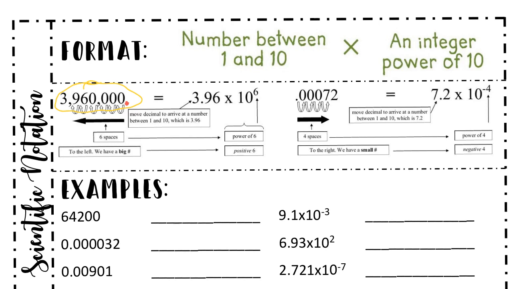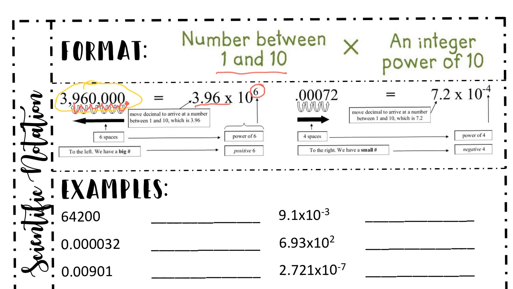In order to get a number between 1 and 10, we're going to move that decimal place 1, 2, 3, 4, 5, 6 places, which means our number is going to be 3.96. We moved it 6 places, so our exponent's going to be 6. If a number is big, we're moving it to the left.